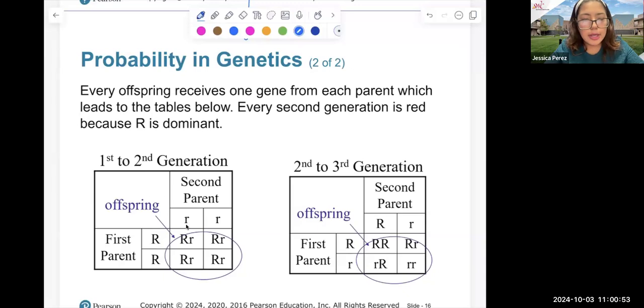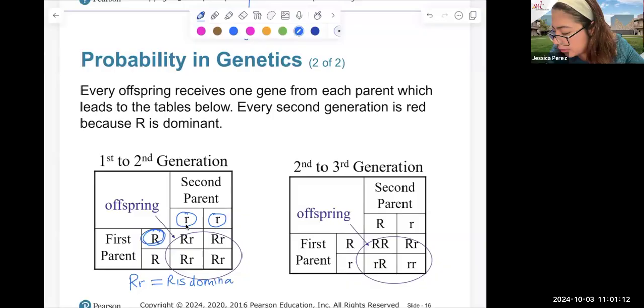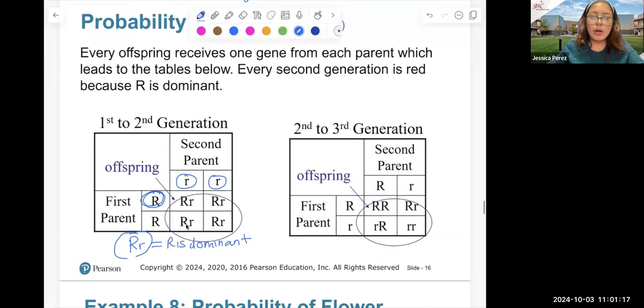So we're doing a product table: the combinations are R R, R little r, and little r little r. They all have R and little r. Remember that R is the dominant gene. So when you mix a red with a white, you will get a red.